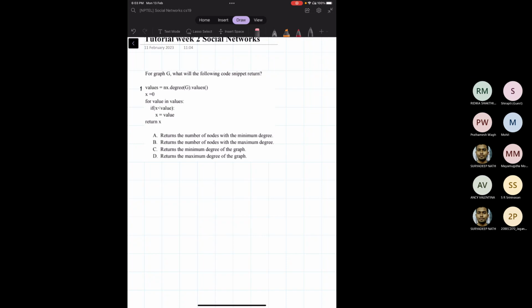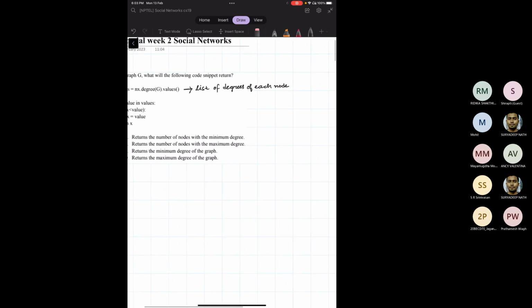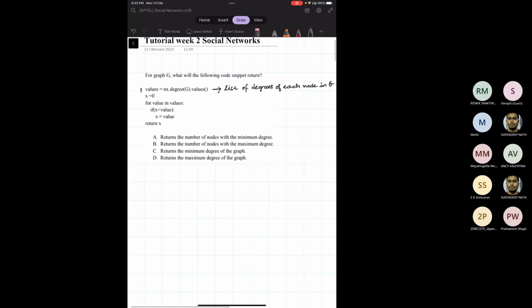So what this returns is a list of degrees of each node in G. So values is basically a list of the degrees of the nodes in the graph. Then you have x equal to 0. Now degrees can only be 0 or positive, cannot be negative.